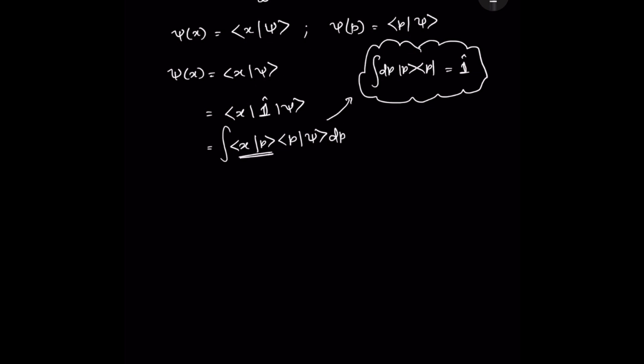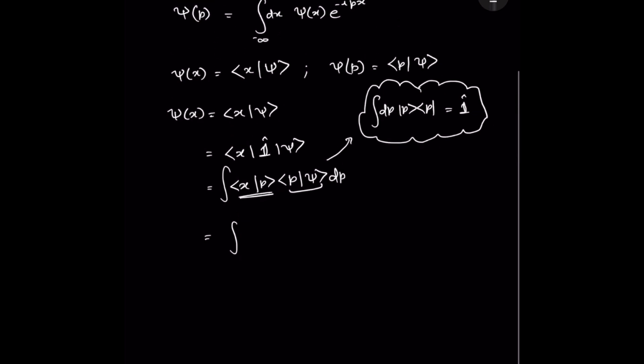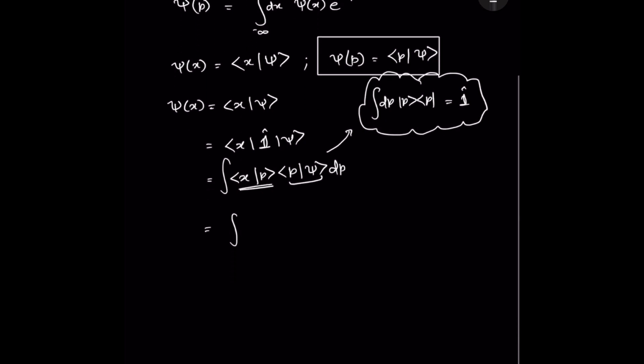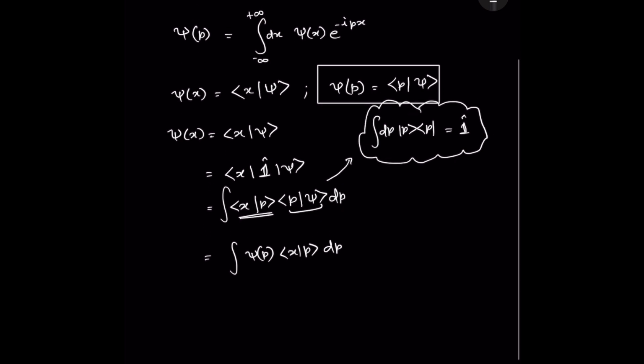Now we have this right here popping up again, so we say this is nothing but psi of p, <x|p>, dp, and of course this will be over the minus infinity to plus infinity interval.